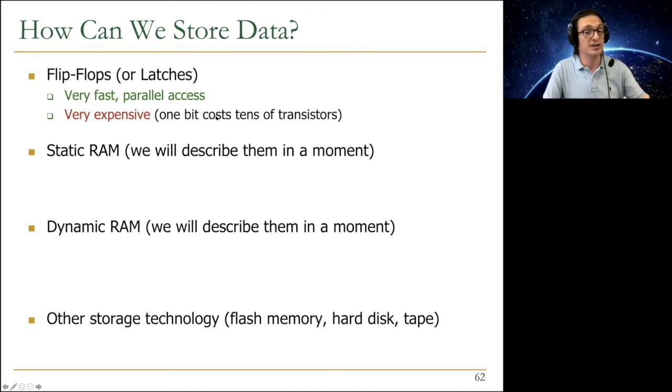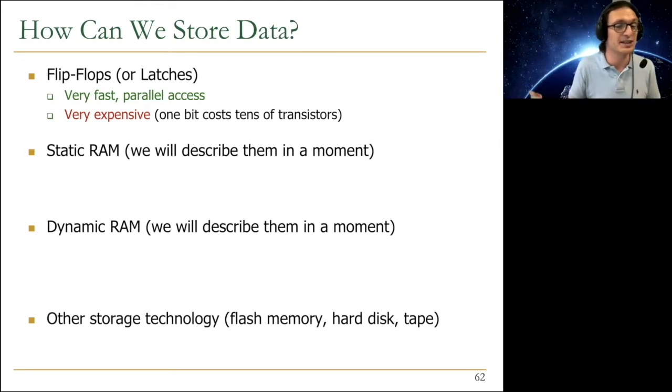And usually cost is in terms of area cost in memory. How many bits you can pack in a given, let's say, millimeter square. We will see that actually in the next part of this lecture. But 1 bit costs tens of transistors. If you remember, we did some very rough calculation in D flip-flop, and we said there are more than 40 transistors inside this D flip-flop, right?